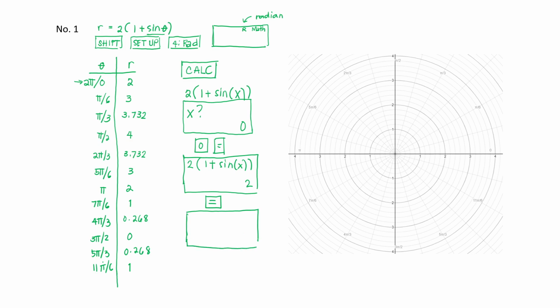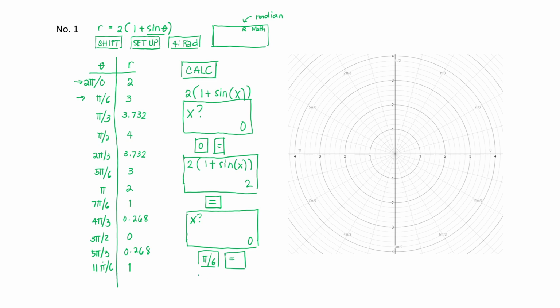So again, it's going to ask for the value of x again, the variable in your function. Plug in the next value, which is pi over 6, and then the equal sign again.